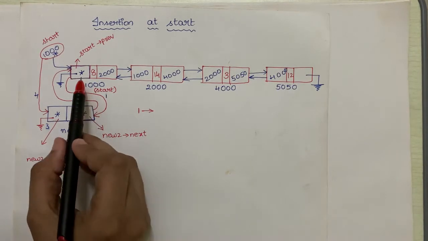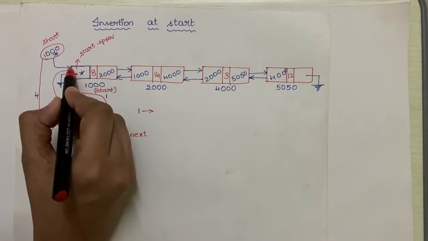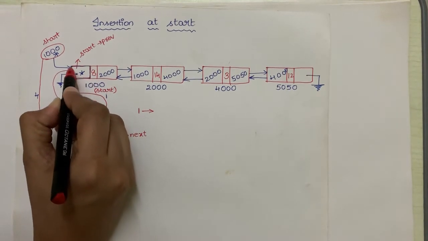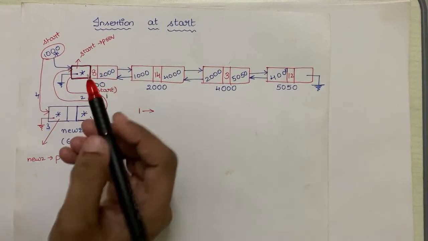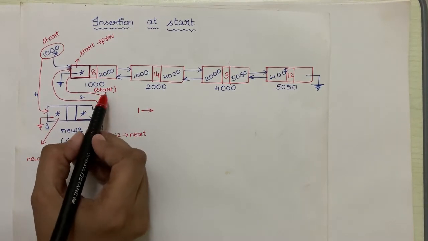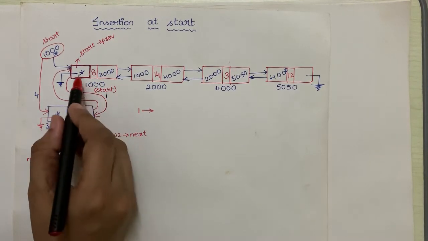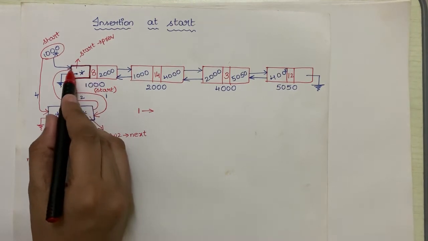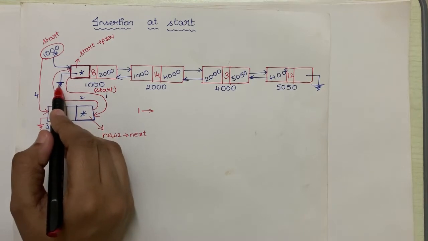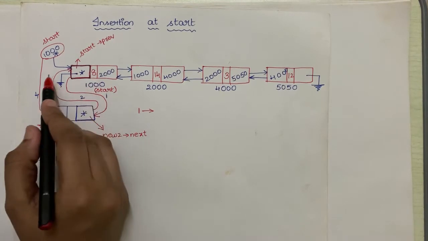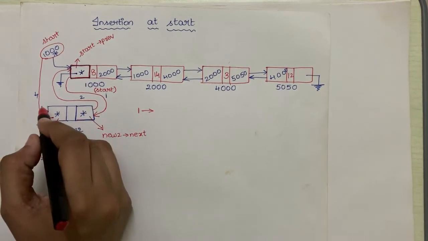The first one is writing the statement to change the value at the first field of the first node. Previously, start previous was holding null, but now it should not hold null because it has a previous element, that is new2.